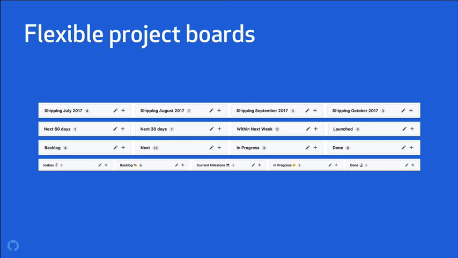Some teams prefer to use something that's happening within the next 60, 30 days, 7 days, or thinking about the things that have already been launched and just putting them into that board. Some teams would rather keep track of a backlog, what's in progress, what's done, what's coming up next. And then some teams identify their milestone, for example, or something that is just in the icebox for a while.